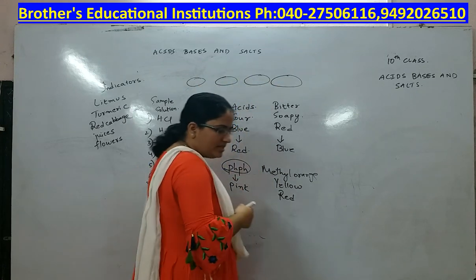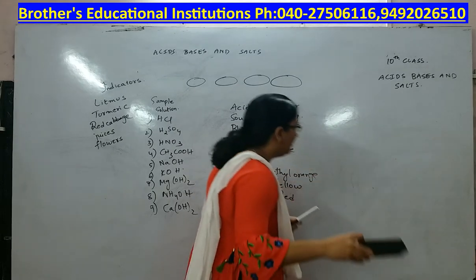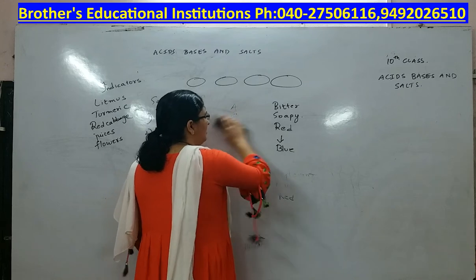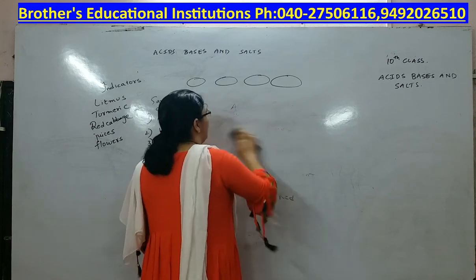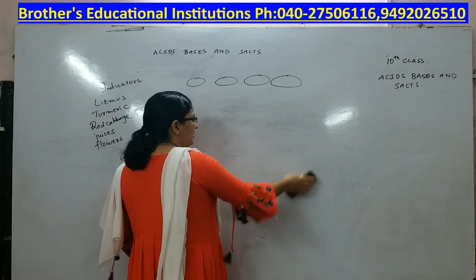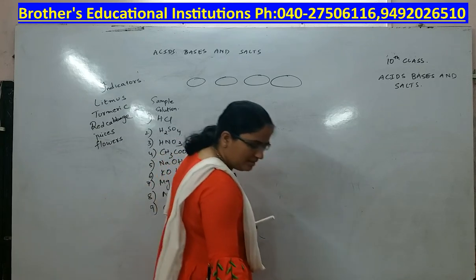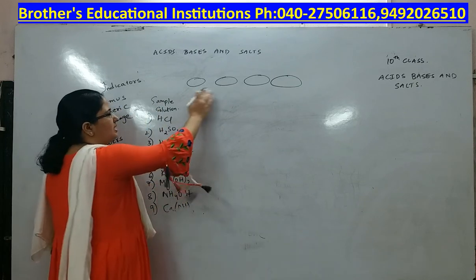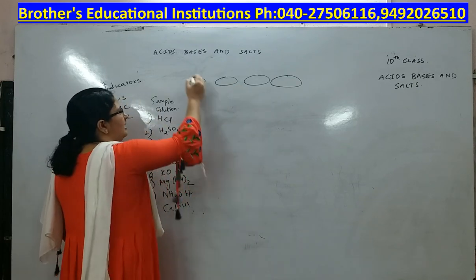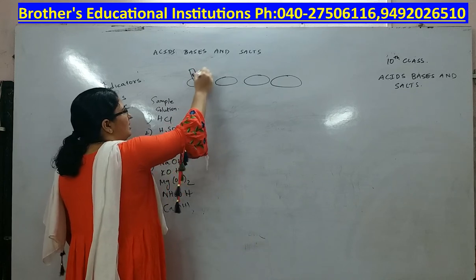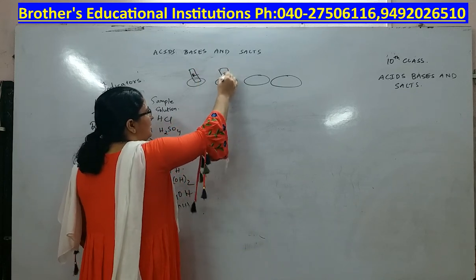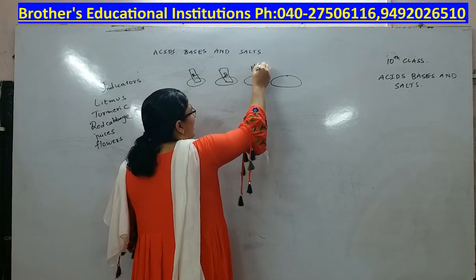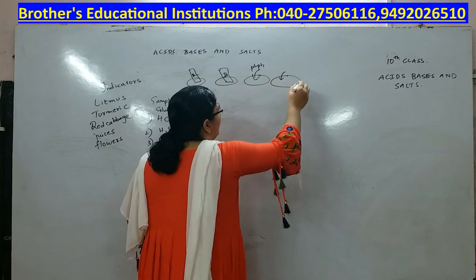Then you have to take each of these samples in 4 different watch glasses, and here you are taking red litmus paper. The next case you have to take blue litmus paper. To this add phenolphthalein and to this add methyl orange.